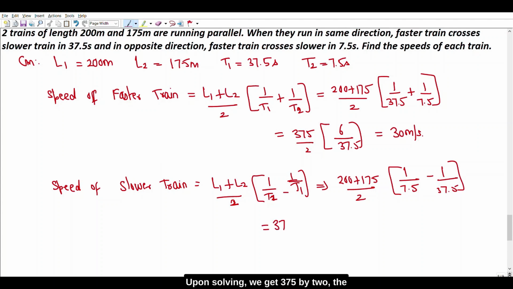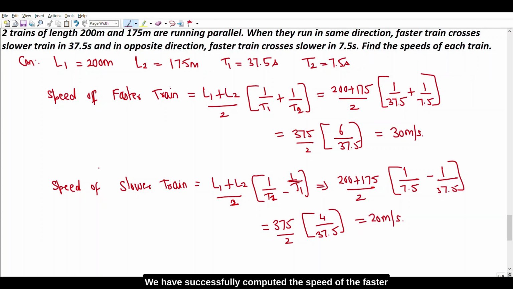Upon solving, we get 375 by 2, the whole multiplied by 4 by 37.5, which in turn will give 20 meter per second. We have successfully computed the speed of the faster train and the speed of the slower train, referring to the formulae we studied in the concept.